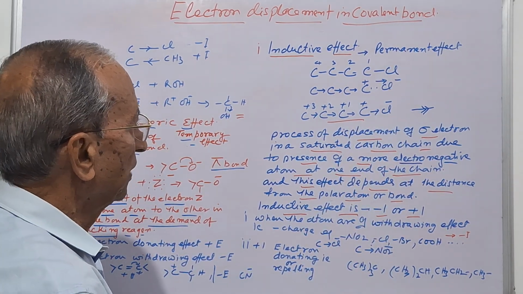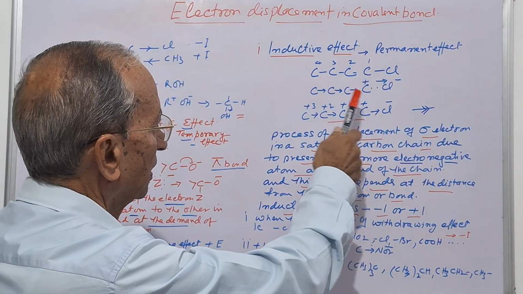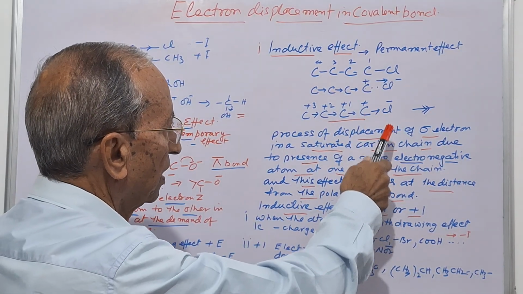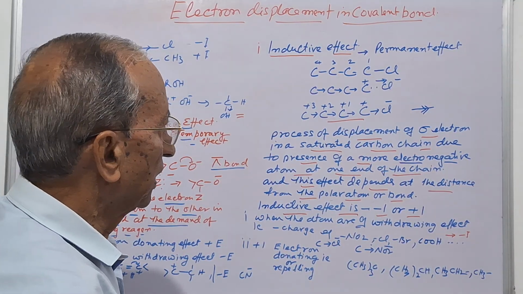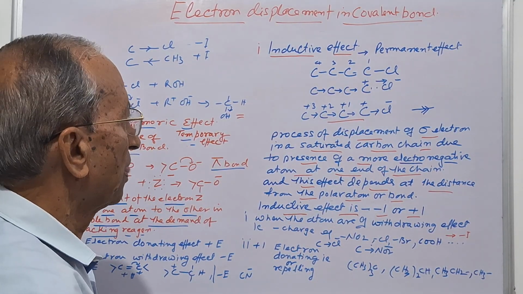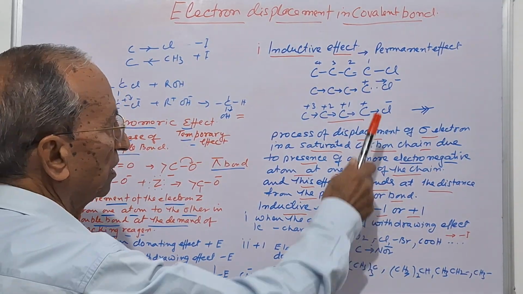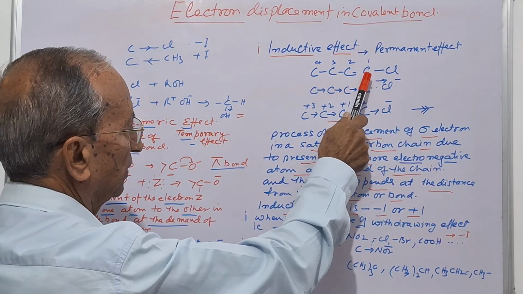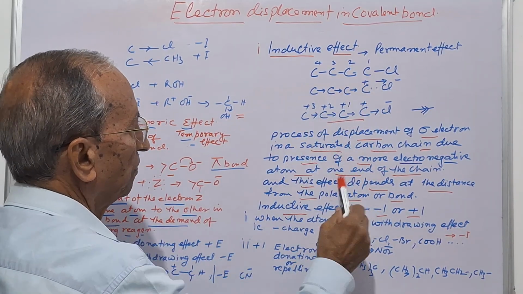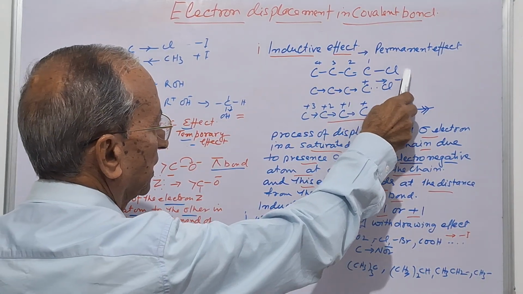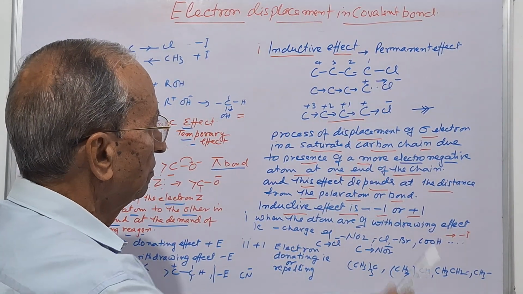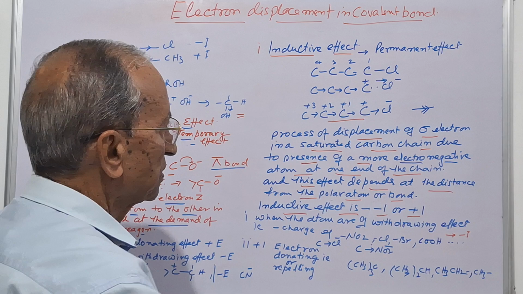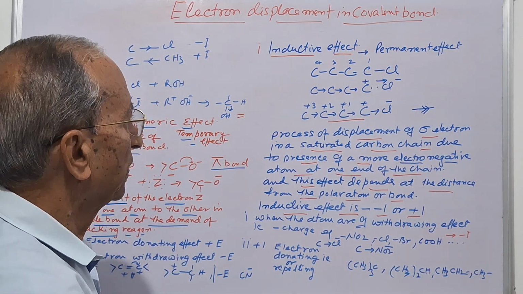Now, take an example of a long chain compound where one end has a more electronegative atom. For example, a chain of carbon atoms 1, 2, 3, 4, where at one end there is a chlorine atom, and we know chlorine is more electronegative.